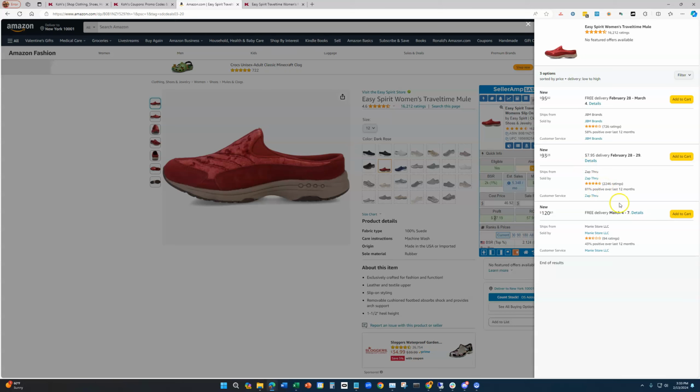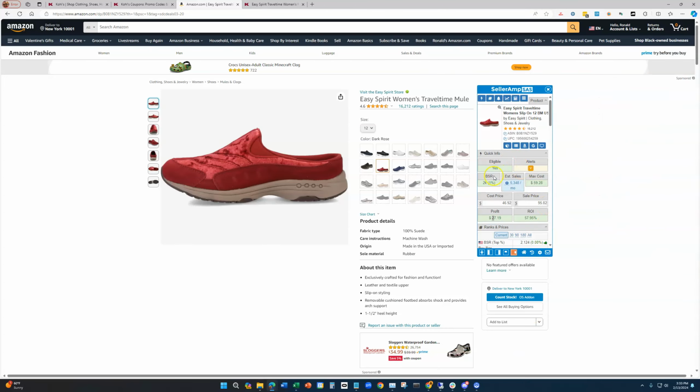I'm also looking at the number of ratings, because sometimes there'll be a very popular Amazon seller that may have tens of thousands of ratings that have permission from the manufacturer to be selling them on Amazon. But I'm looking for sellers like me, maybe a few hundred or less than 100 ratings. And if they're on there, I'm a little bit more confident that this is a brand that I can sell. It does say I'm eligible to sell it, so I'm not gated.